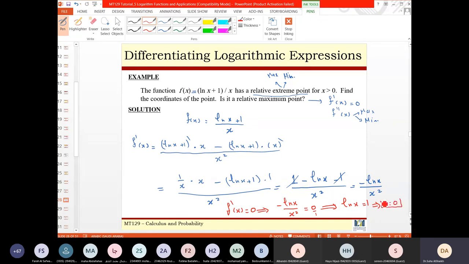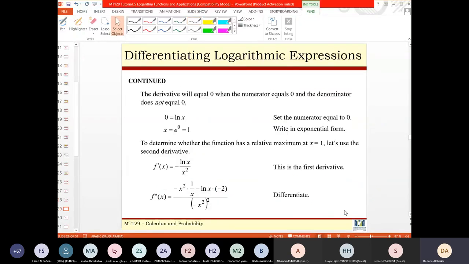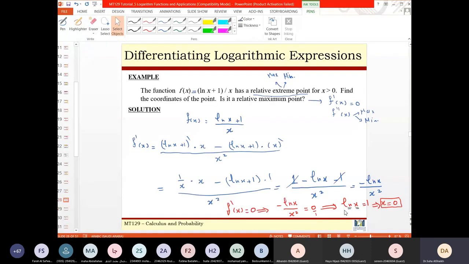Or you can apply exponential to both sides. Didn't we agree that when I have ln and I want to set x free, I apply exponential? I can apply exponential and it will cancel. Okay, so we will get that x is equal to... sorry, why did we say 1?